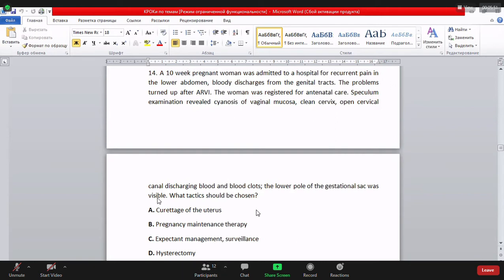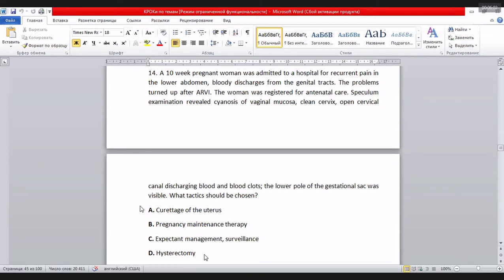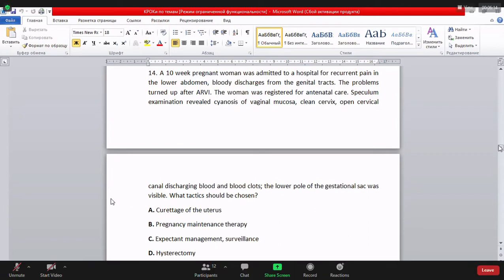It is only 10 weeks, there is no placenta, that's why we perform curettage of the uterine cavity. Maintaining the pregnancy is impossible. If we wait, with expectant management, the woman can die due to blood loss. Hysterectomy for a young woman, no, there are no evident signs to do this, only if there are strict indications. We don't do hysterectomy.